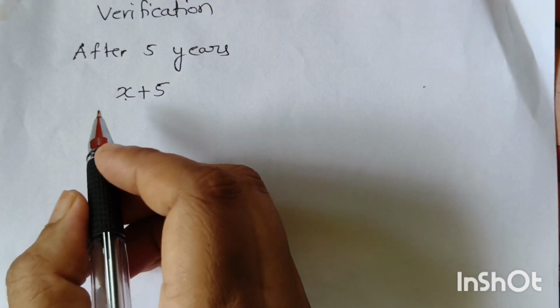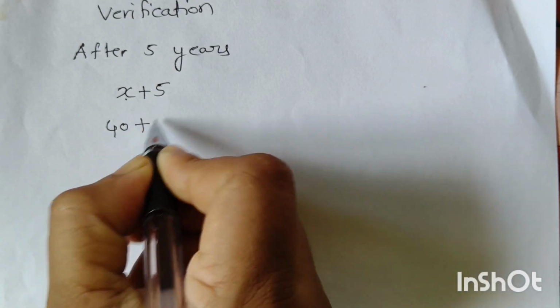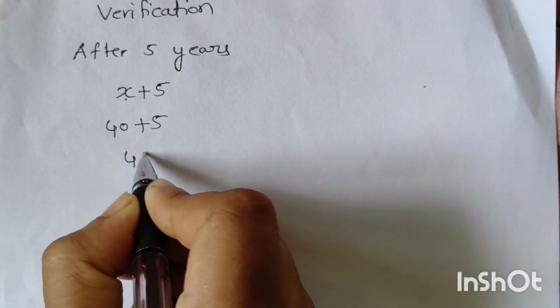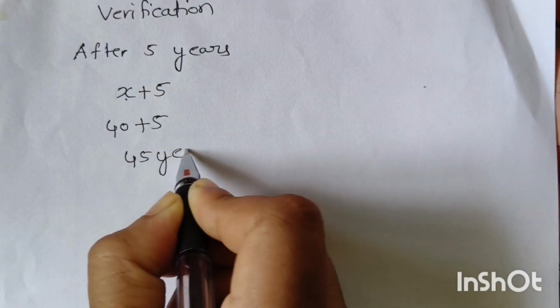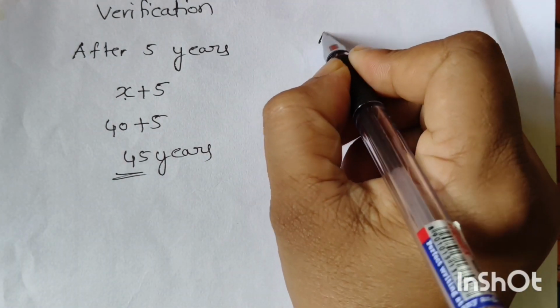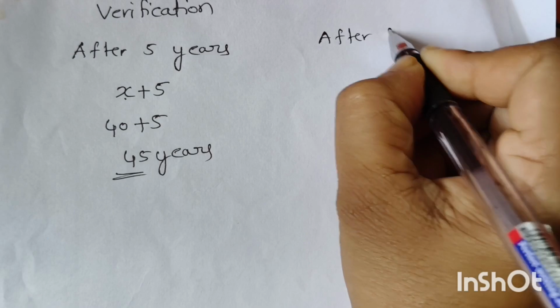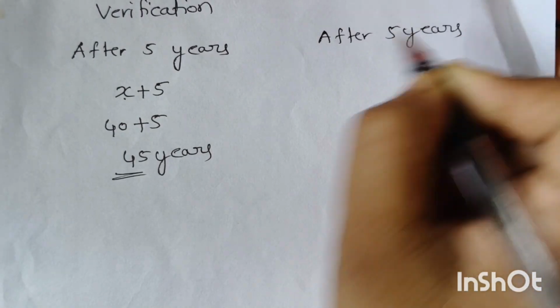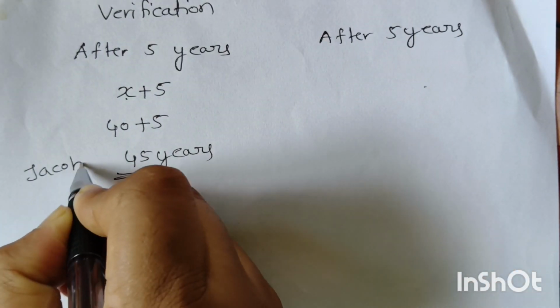After 5 years, what will be Jacob's age? It will be x plus 5. Right? X we got it as 40 plus 5 means after 5 years Jacob's age it will become 45 years. Then after 5 years, this is Jacob's age.